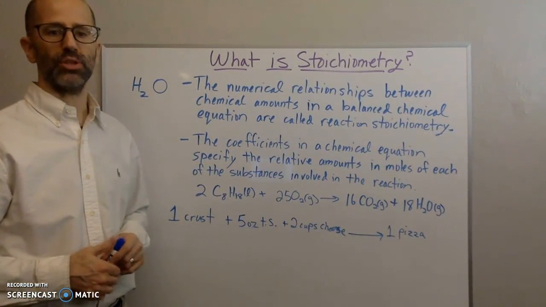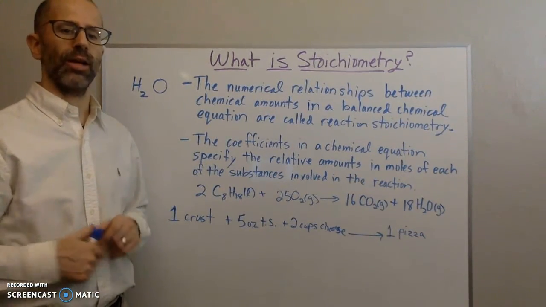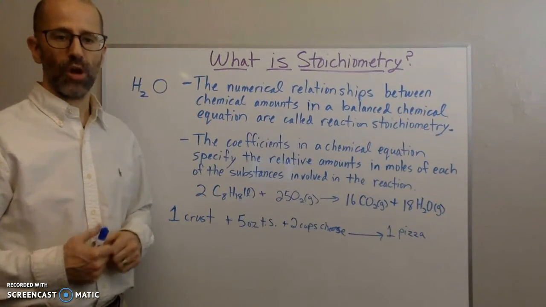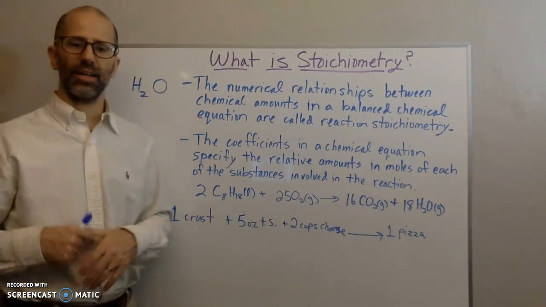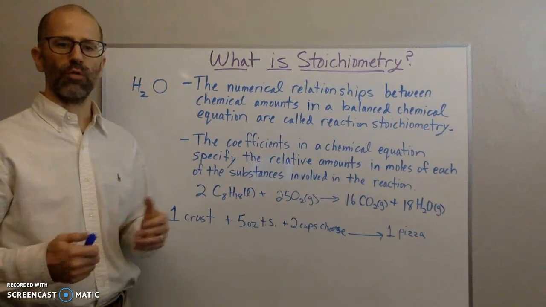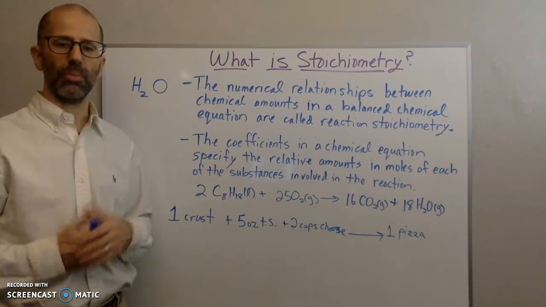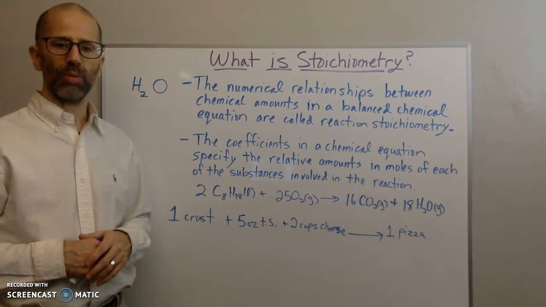That's what stoichiometry is. And it's very, very useful, and you're going to be using it a lot. So I hope this was helpful, and in the next few videos we'll go over some examples of how to use your balanced equation to solve problems.